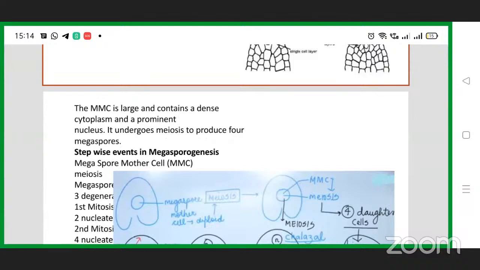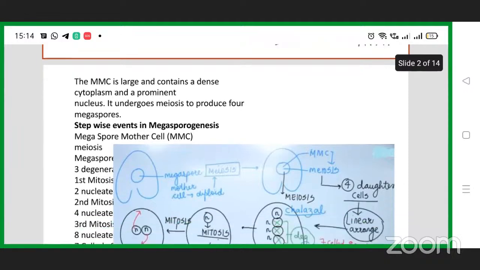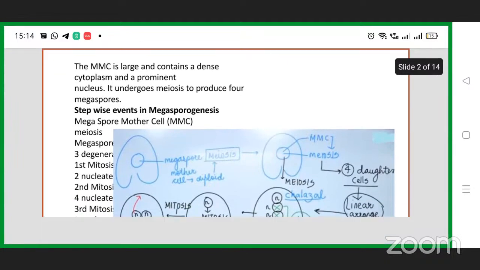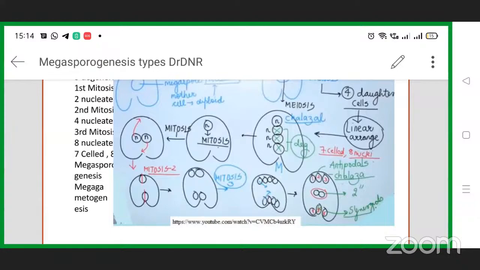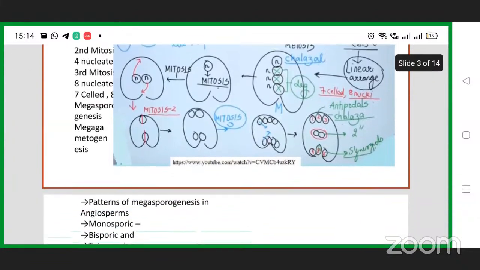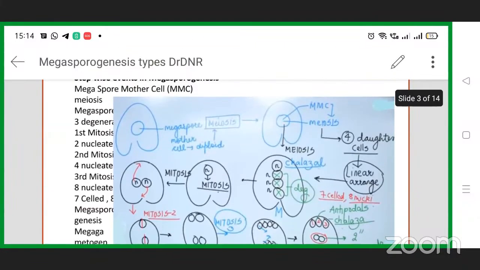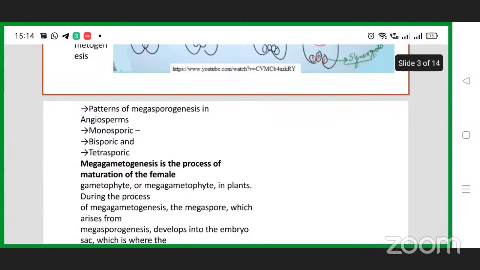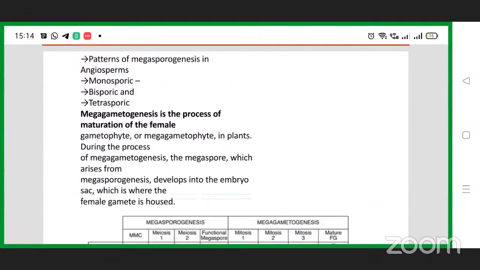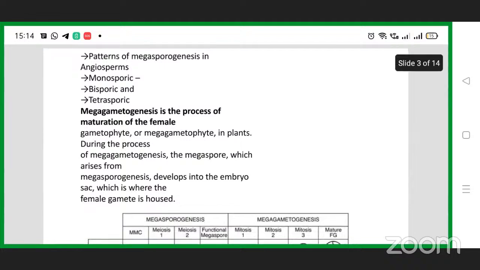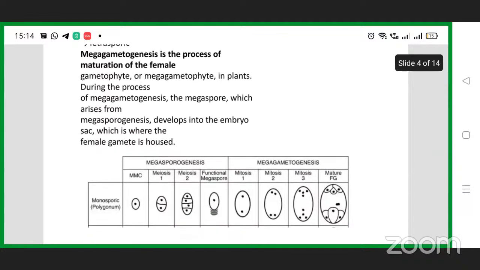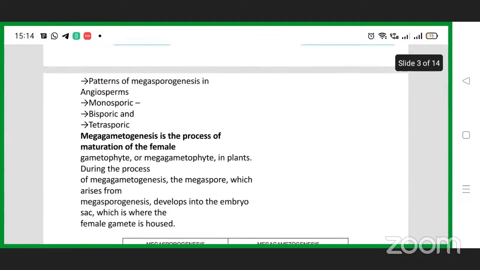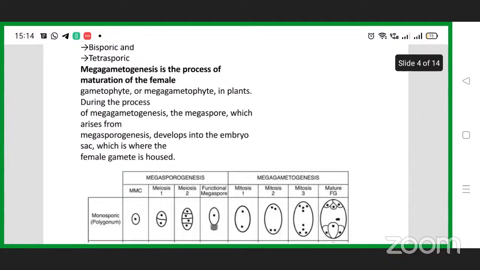The megaspore mother cell takes division, and based upon that, there are multiple types of embryo sac. During megasporogenesis, based on how many spores participate in the formation of the embryo sac, there are 3 types.